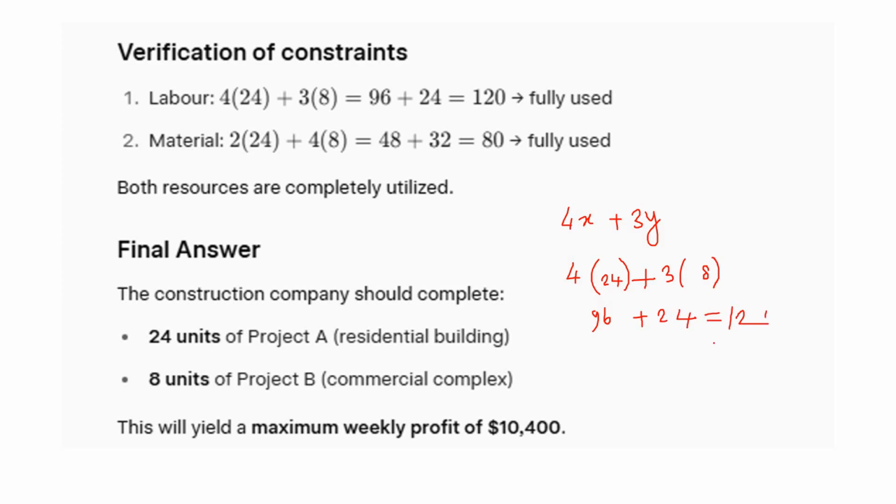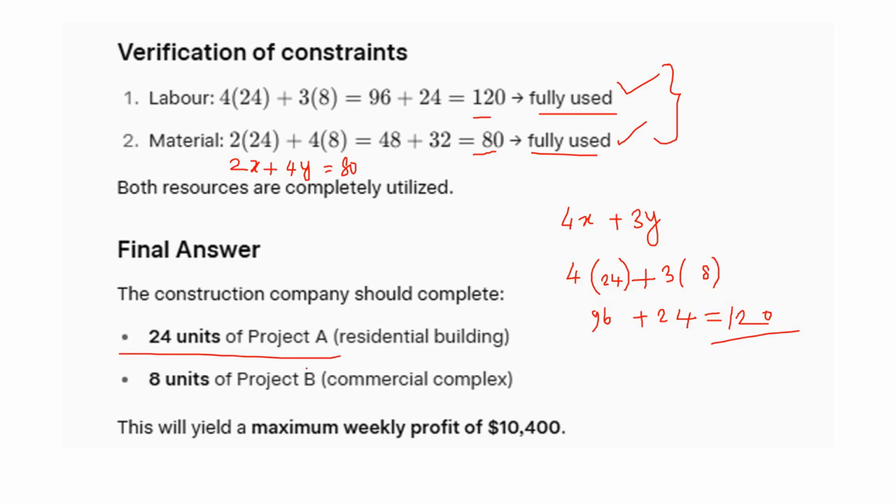Equal to 120 units. Are you getting 120 units, where we started? Then here you have 2x plus 4y equal to 80. You can see that the constraints are fully utilized. There is no wastage or slack. There is no lagging behind. Optimization is obtained. We have maximized the profit.